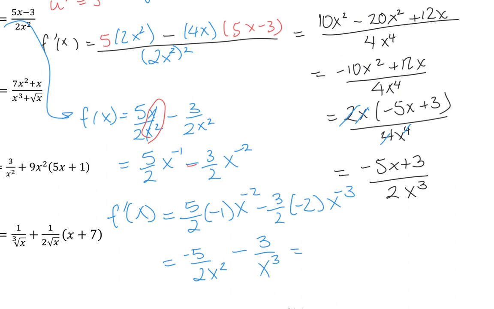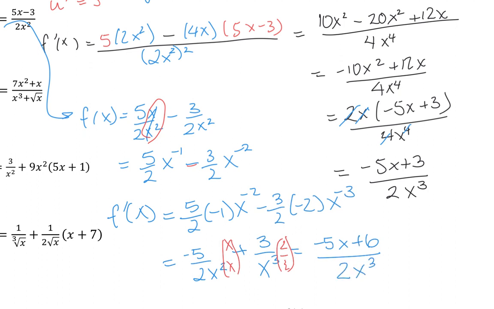And the common denominator is 2x cubed, so I need to multiply this term by x, and this term by 2, and I end up with negative 5x minus 6 over, and that should be a positive, over 2x cubed.